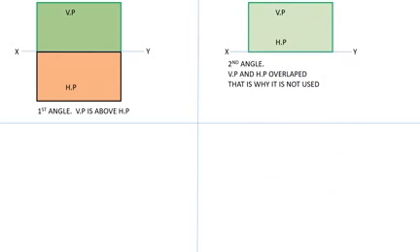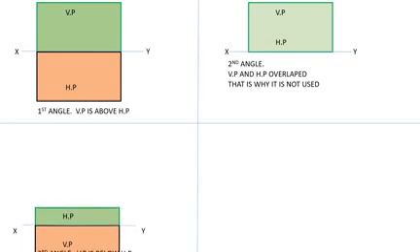So when we consider the second angle of projection, we can see that the vertical plane and the horizontal plane overlapped. That is why the second angle of projection is not used in orthographic projection.